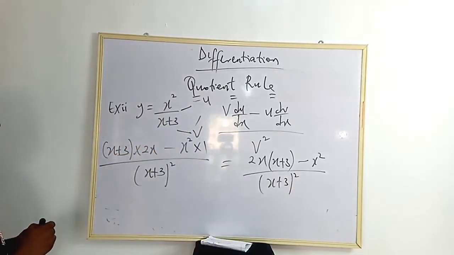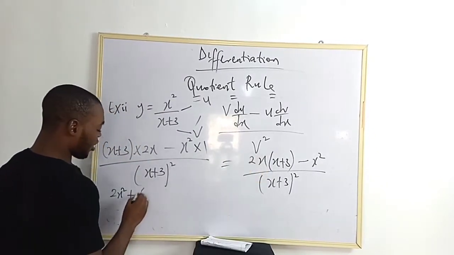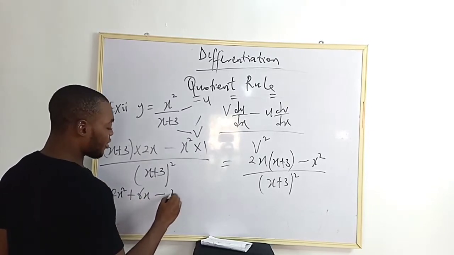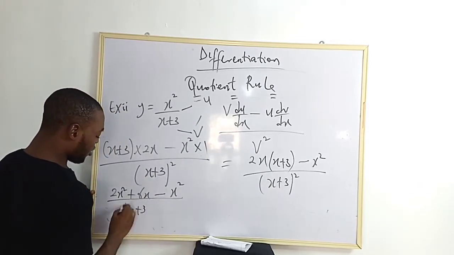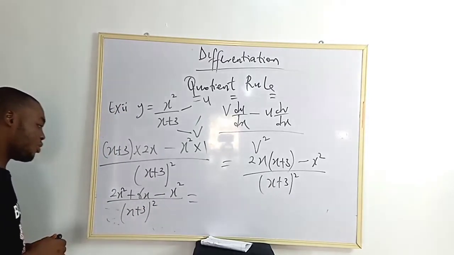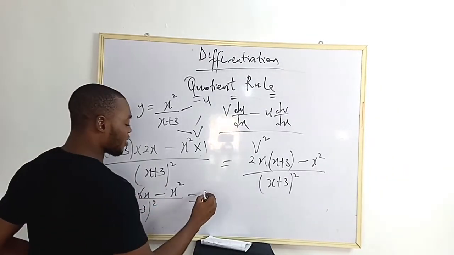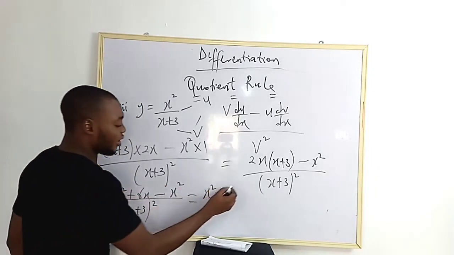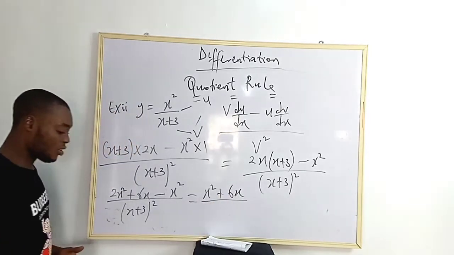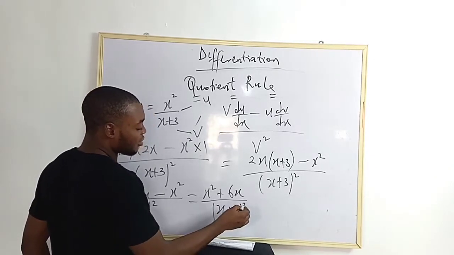Now use the 2x to open the bracket. 2x times x is 2x squared, plus 2x times 3, that's 6x, minus x squared, all over x plus 3 everything squared. So 2x squared minus x squared is x squared, plus 6x, all over x plus 3 everything squared.